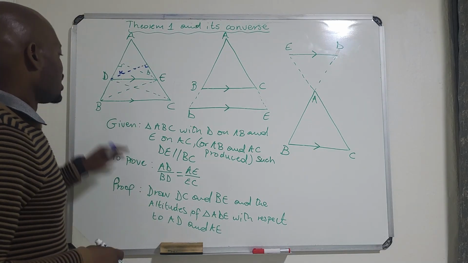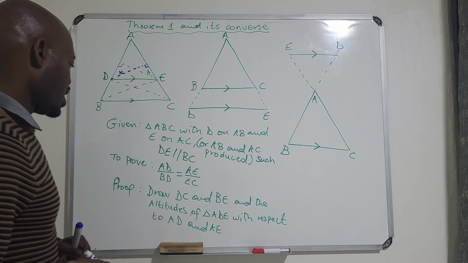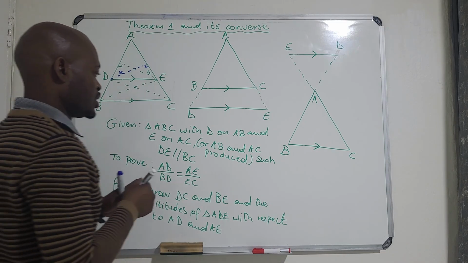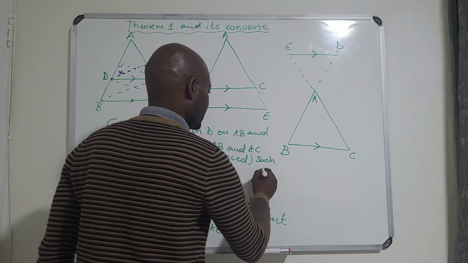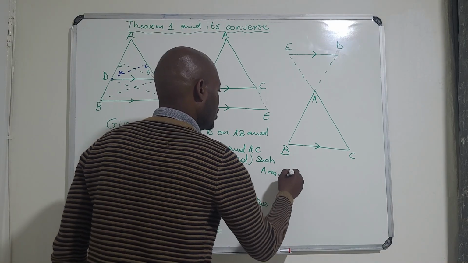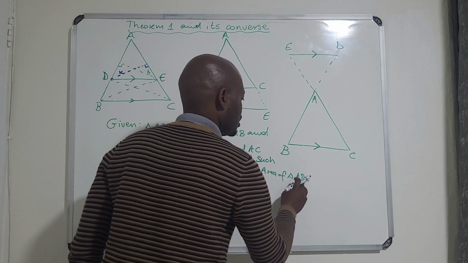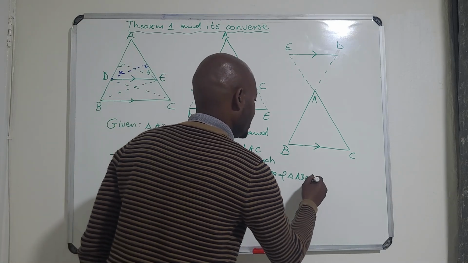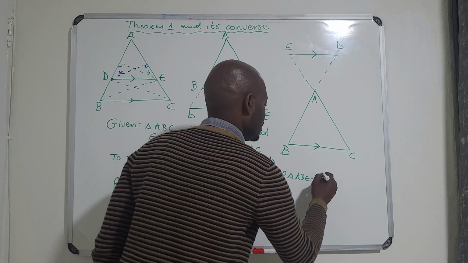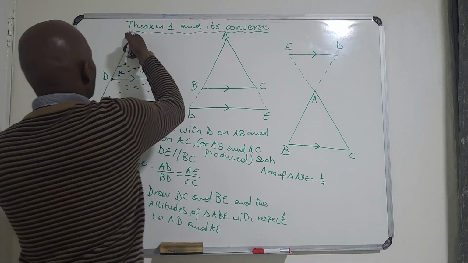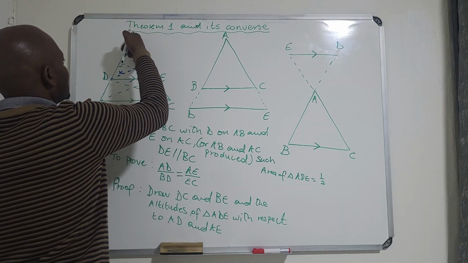Now, for us to prove that, we start by saying area of triangle ADE is equal to half.